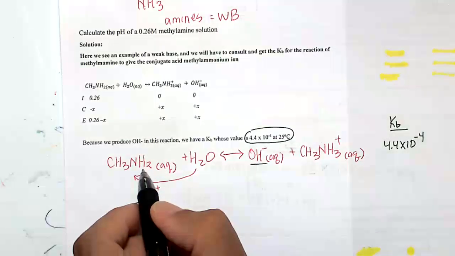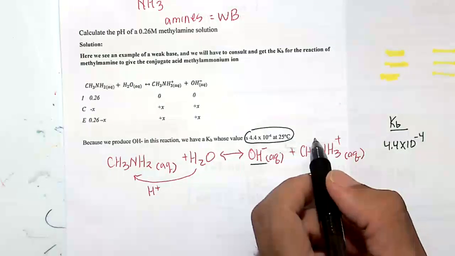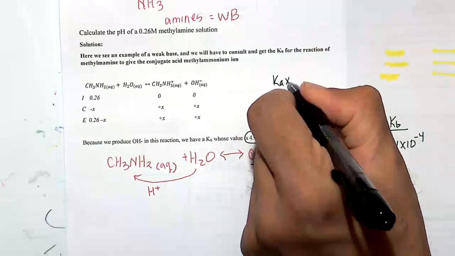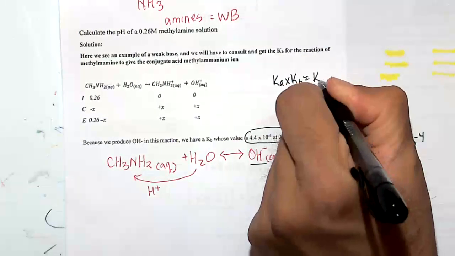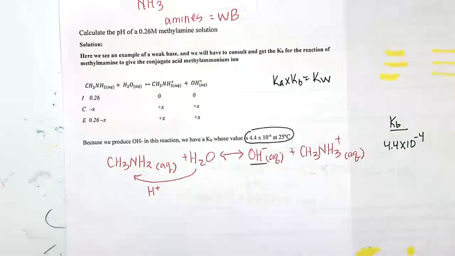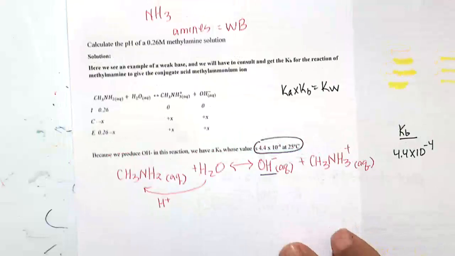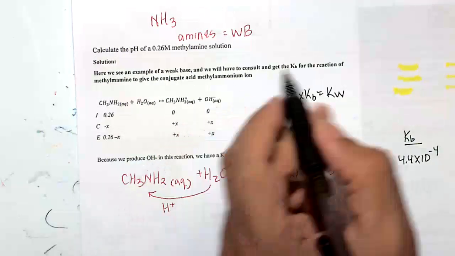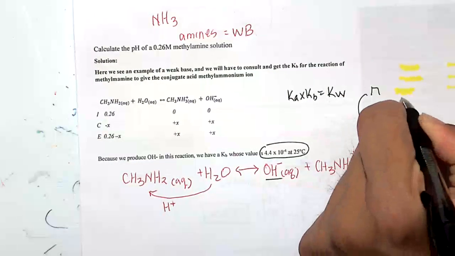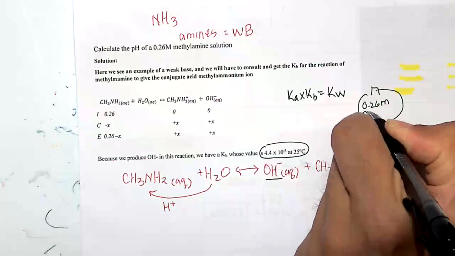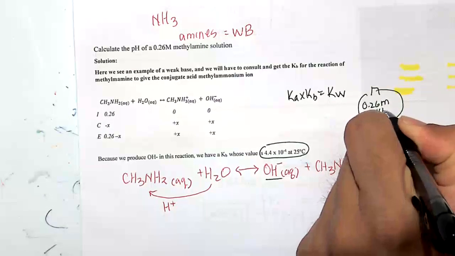So I'll give you the formula for methylamine and I'll give you the Kb. I can also give you the Ka. Don't forget Ka times Kb is equal to Kw. So we have a bottle that's 0.26 molar methylamine.